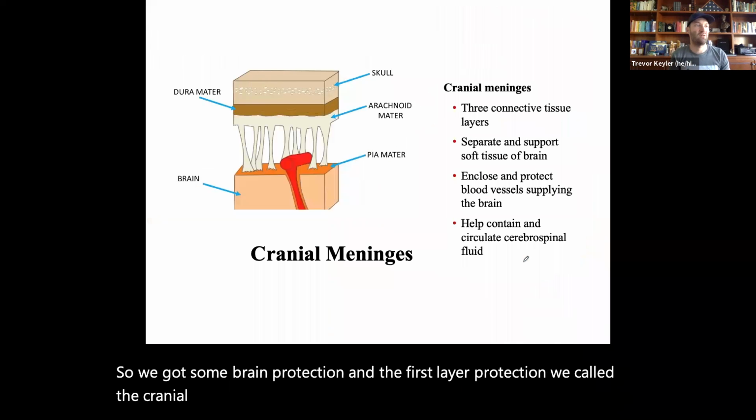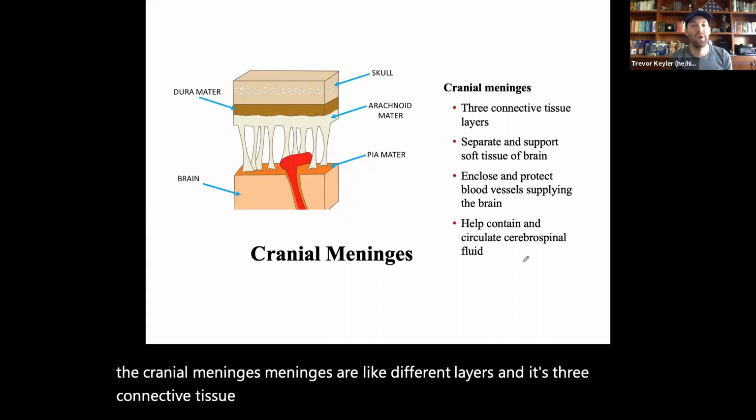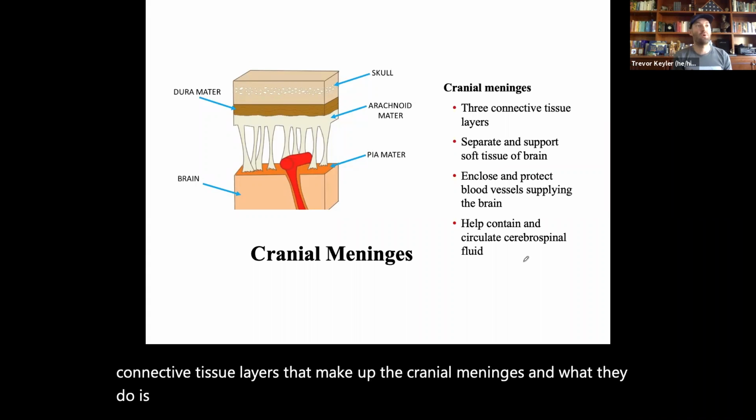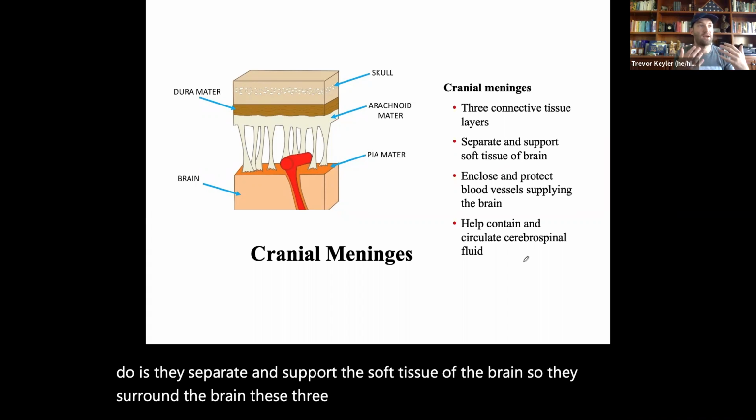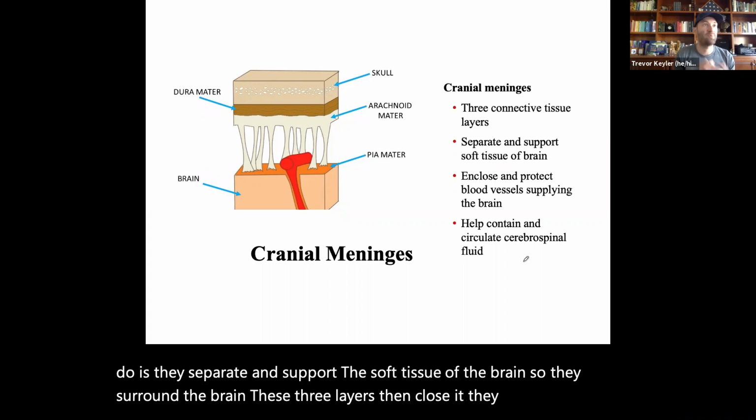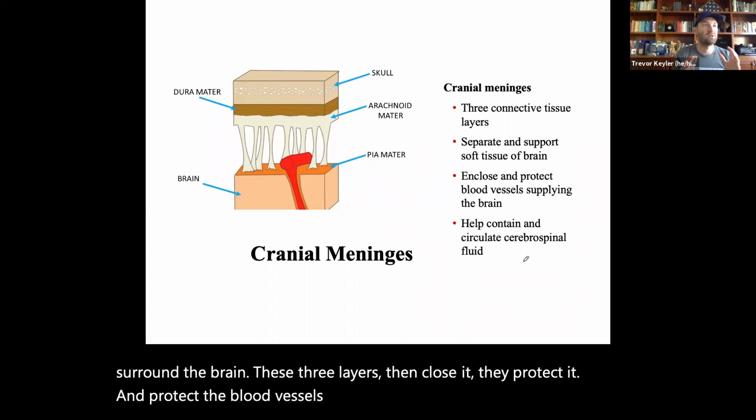These meninges are like different layers. It's 3 connective tissue layers that make up the cranial meninges. What they do is they separate and support the soft tissue of the brain. They surround the brain, these 3 layers. They enclose it, they protect it, and they protect the blood vessels that supply the brain as well.